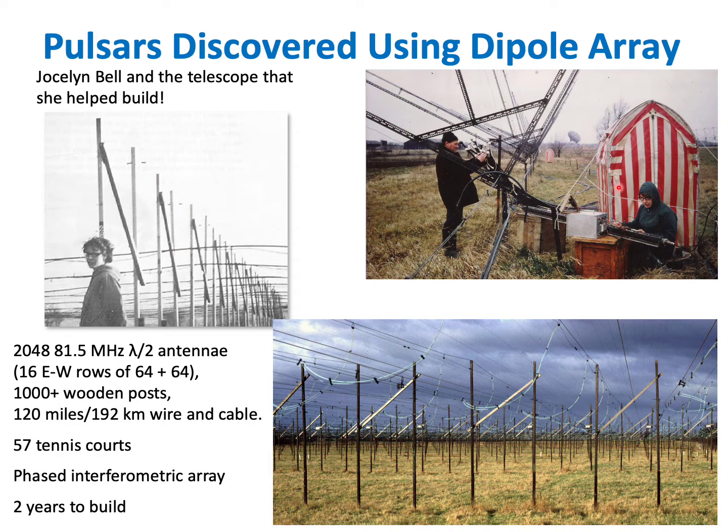You can see her here working in the beautiful, wet English weather, setting up this dipole array. It was a very large array: over 1,000 of these wooden posts, 192 kilometers of wire, all hand cabled. It took 2 years to build. But it was effective.